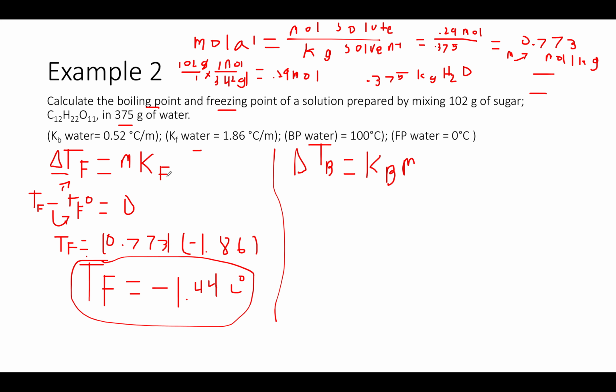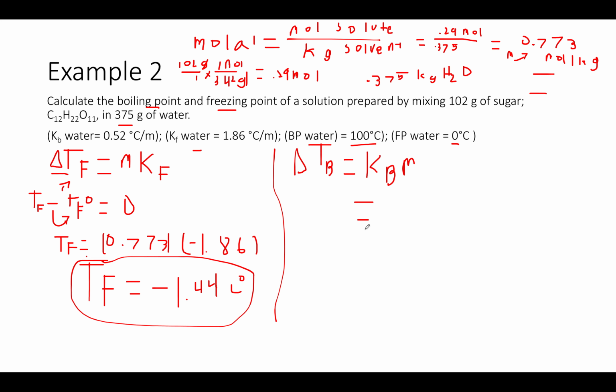Either way, it's associative, so you can switch them around. So the boiling point of this solution, now here we have to take into account the boiling point depression, the change here. We have to take this into account because the boiling point of water is 100 degrees Celsius, not 0.